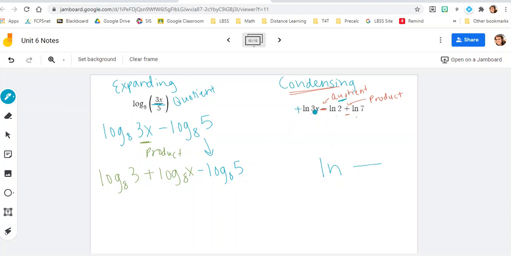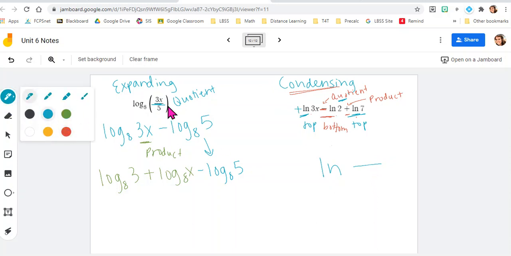I like to look at the sign of each thing to know what's going to be on top. These positive pieces, the first term and the last term, are going to be multiplied, on the top of our fraction. But this middle term, because it's subtracted, is going to be divided by, so it's going to be on the bottom of the final answer.